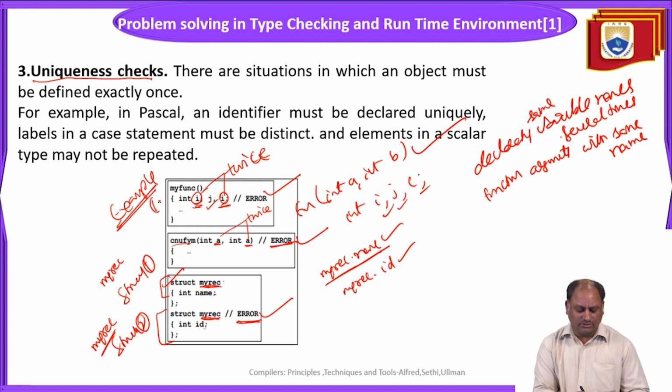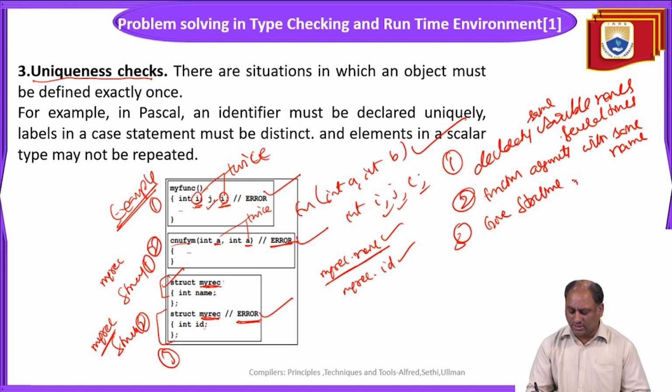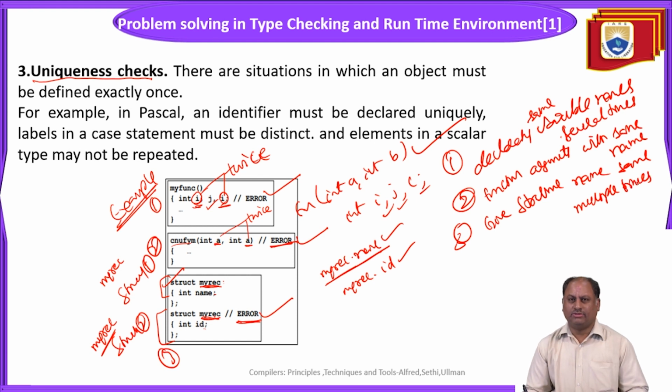Here this is the first, this is the second. So the first one is declaring variable names several times. Second one is function arguments with the same name. And the third one is giving the same structure name multiple times. All these cases give an error report.